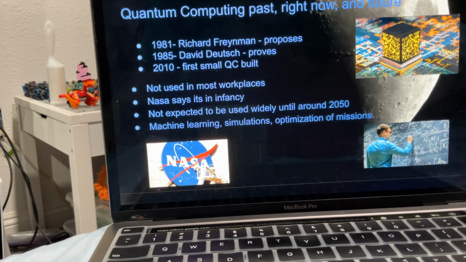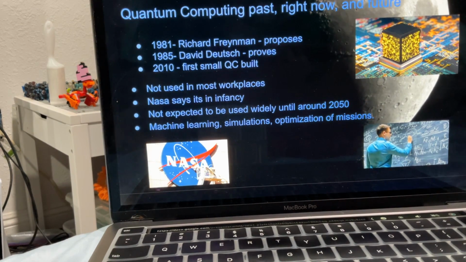But yeah, he proposes that quantum computers could exist theoretically, and that they'd be pretty useful. And this guy named David Deutsch, sorry, I don't know how to pronounce that, proves that they can exist, or more so that they would be useful in solving problems that we cannot solve right now. Theoretically, of course.